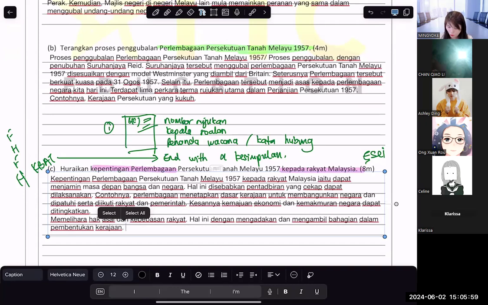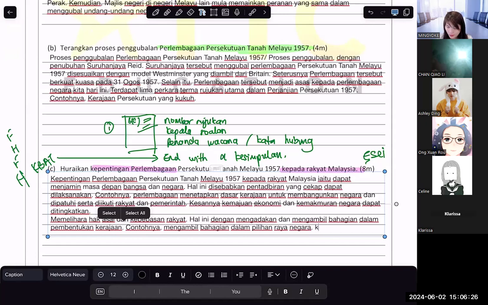Okay. Contohnya, mengambil bahagian dalam pilihan raya negara.